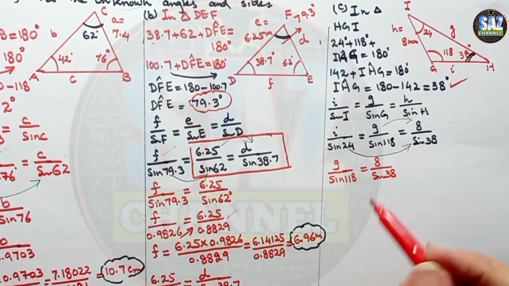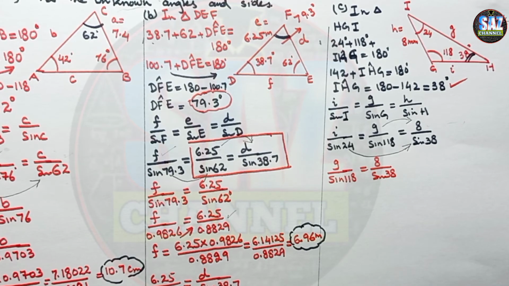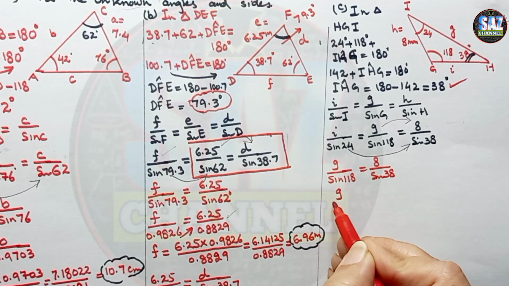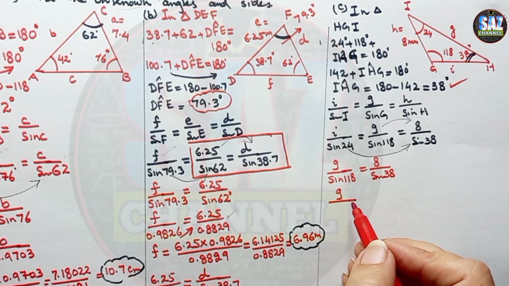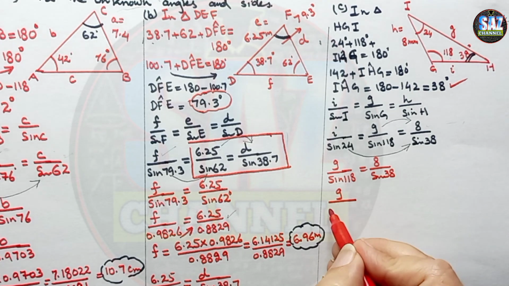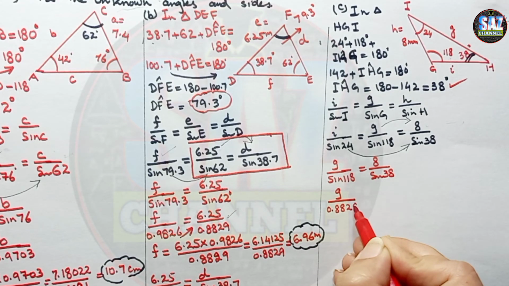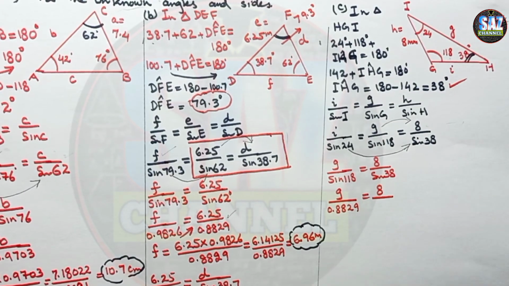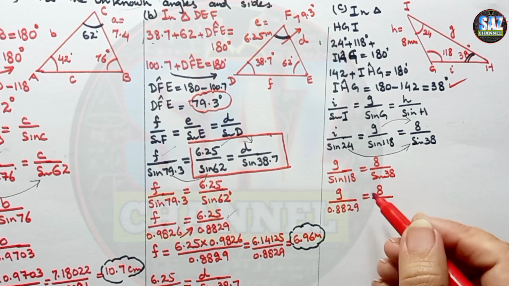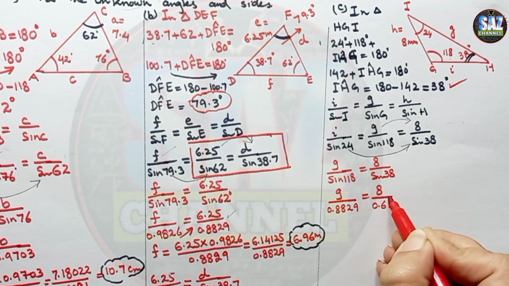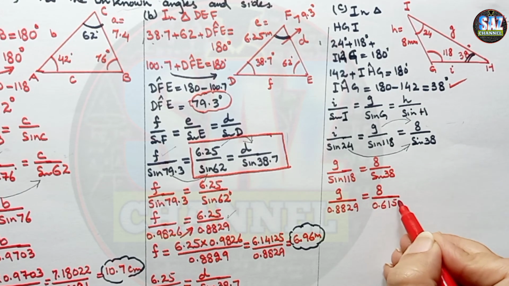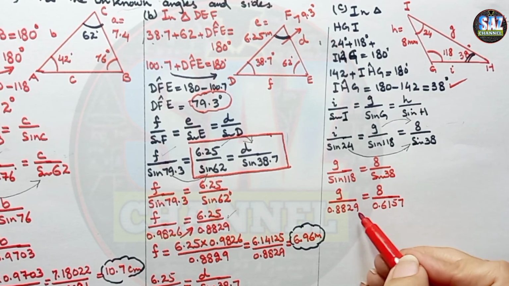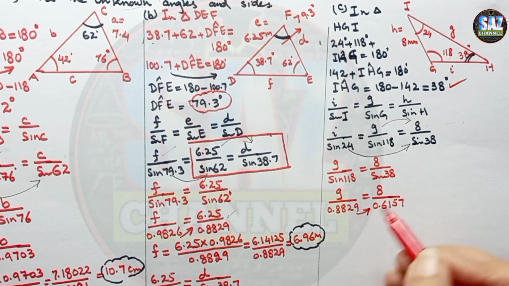I check the value of sine 118 degrees with the calculator, and it gives 0.8829. So g upon 0.8829 equals 8 upon sine 38, which gives 0.6157.